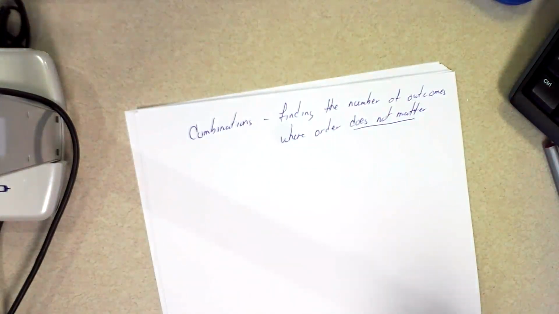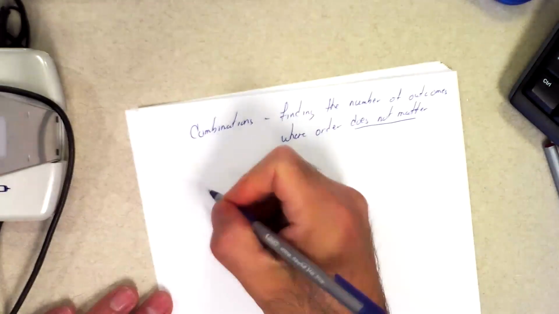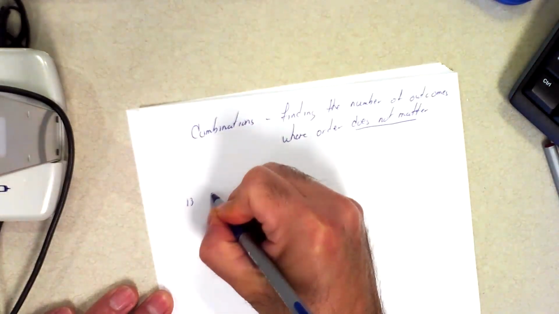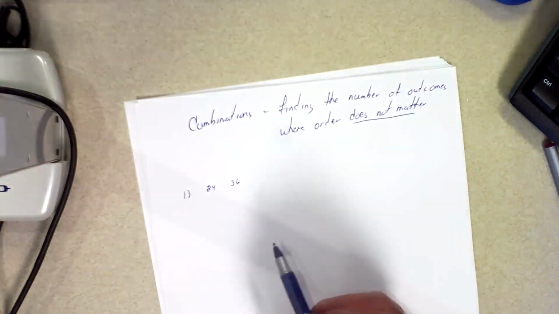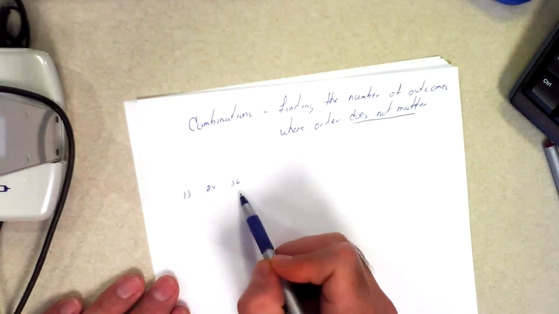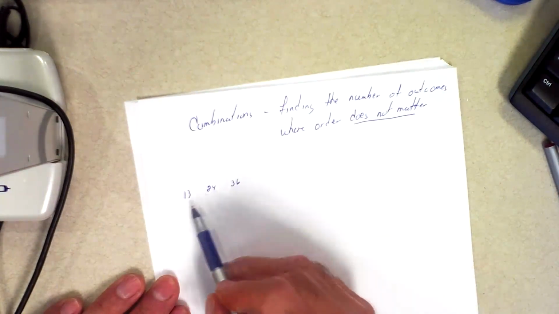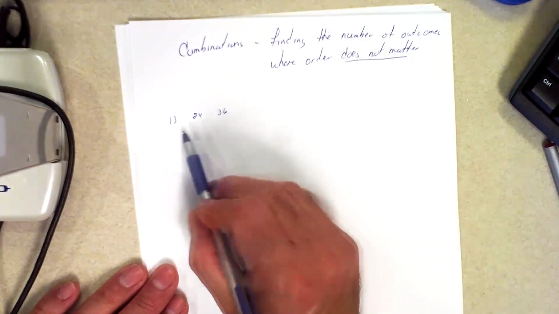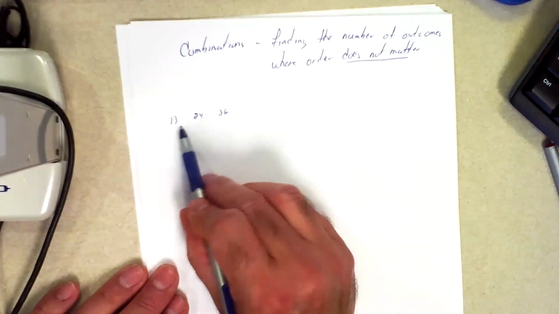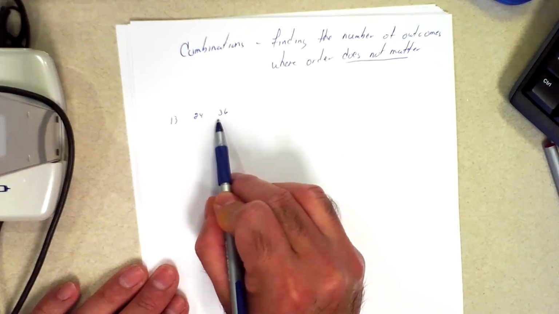Let's say your combination lock is 13, 24, 36. That's your combination lock. Do you have to put these in order when you open it? Yes. You can't do 36, 24, and 13. It won't open. The order matters, and that's permutation.